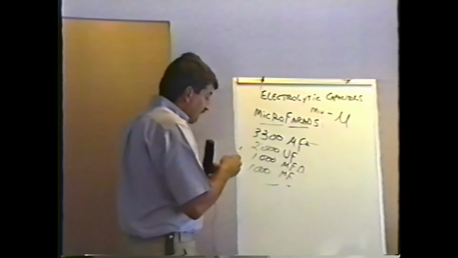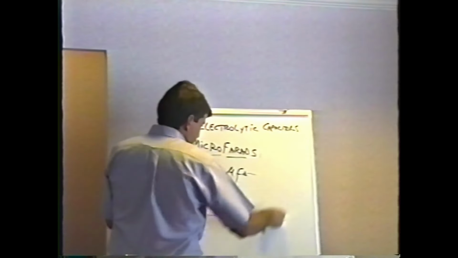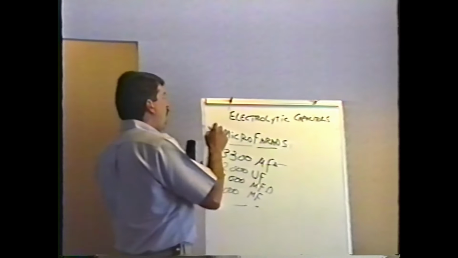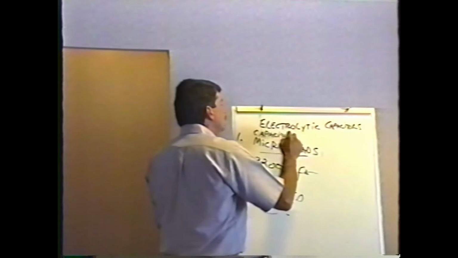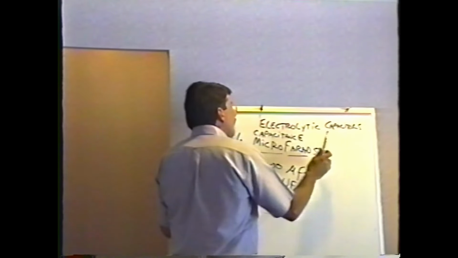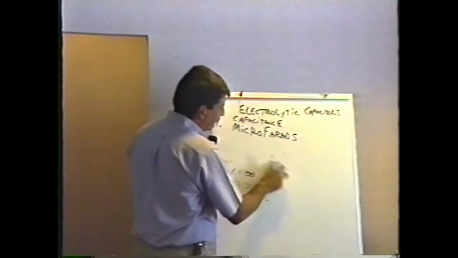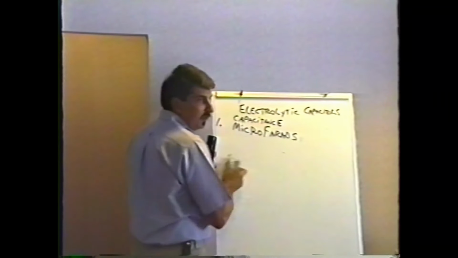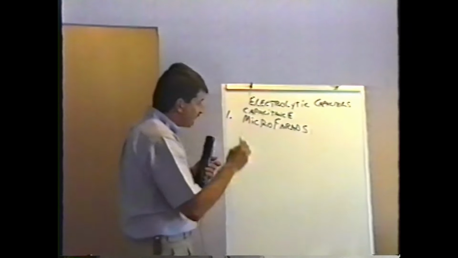One of the ratings, so capacitors actually have two specifications. Electrolytic capacitors, well, all capacitors. One is its capacitance in microfarads. How many microfarads does the capacitor have? Is it 1 microfarad? Is it 10? Is it 4.7? Is it 1,000? Is it 3,300? How many microfarads does it have?